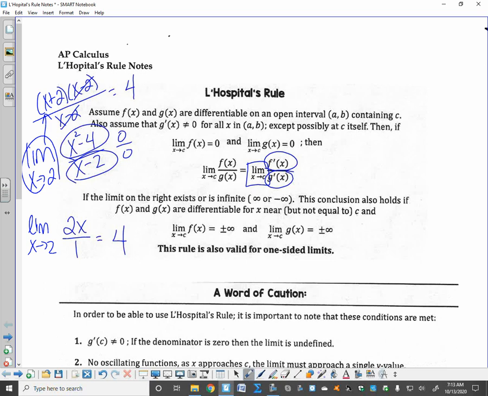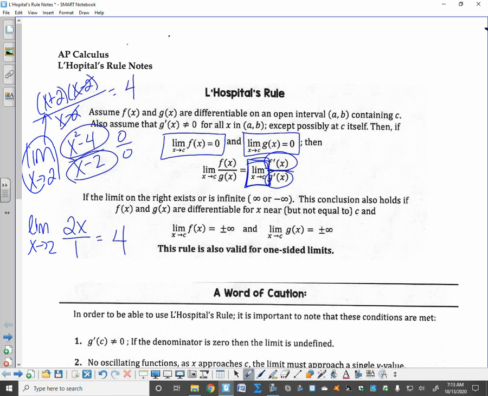You have to show this and show this separately, not in a fraction. Then you're going to reference L'Hopital's rule, and then you can take the derivative. Now, when you take the derivative, the limit is still there. And then after you take the derivative, then you can pull the trigger on your limit.